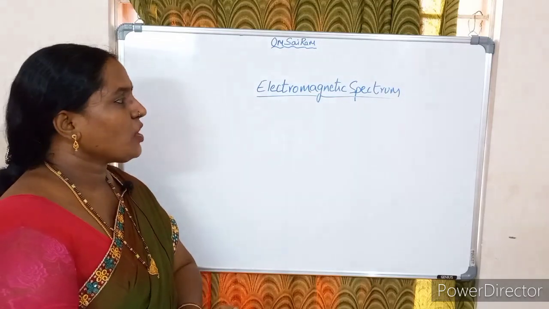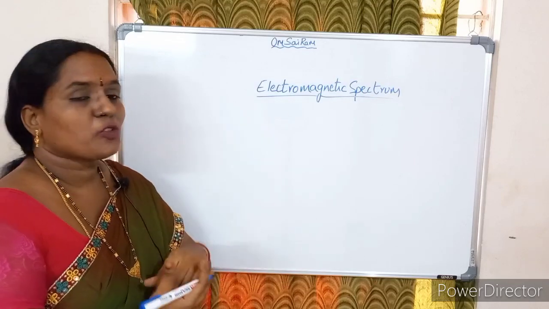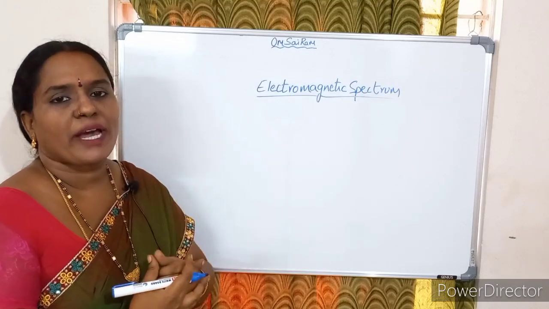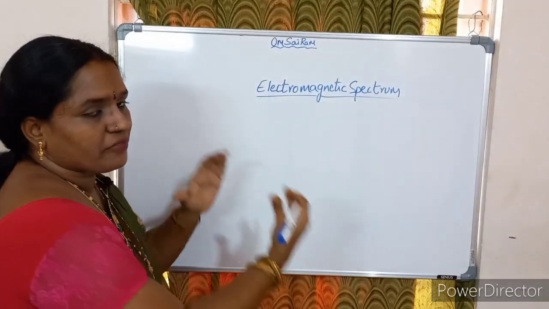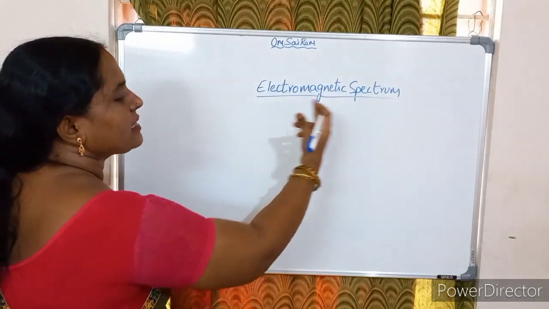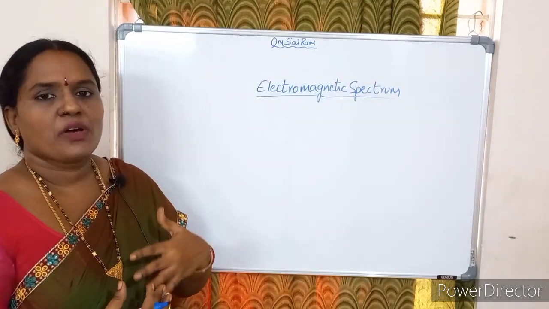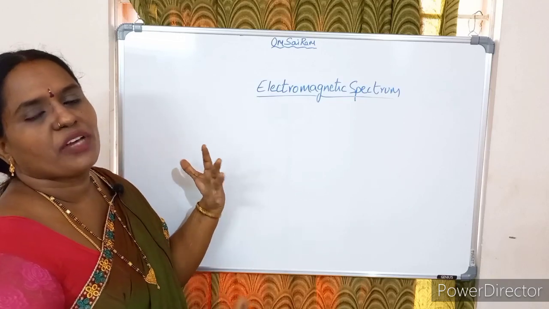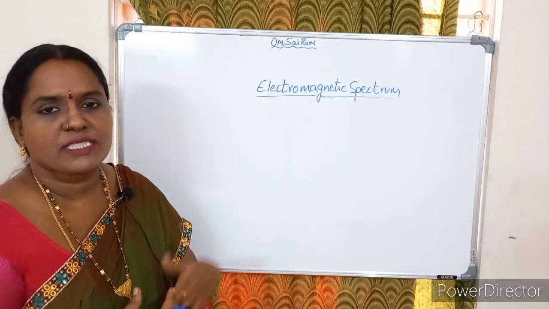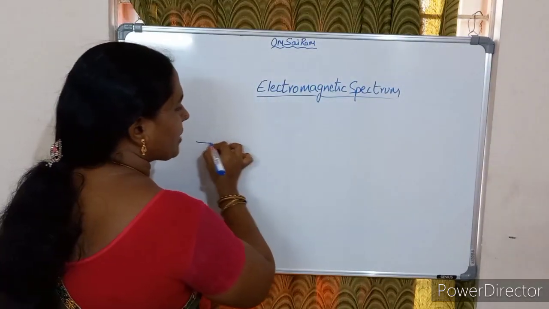The entire range of wavelengths of different electromagnetic waves, all the wavelengths put together, is called the spectrum, the electromagnetic spectrum.